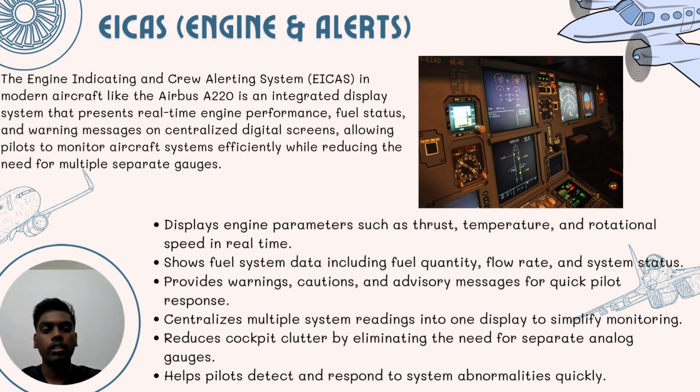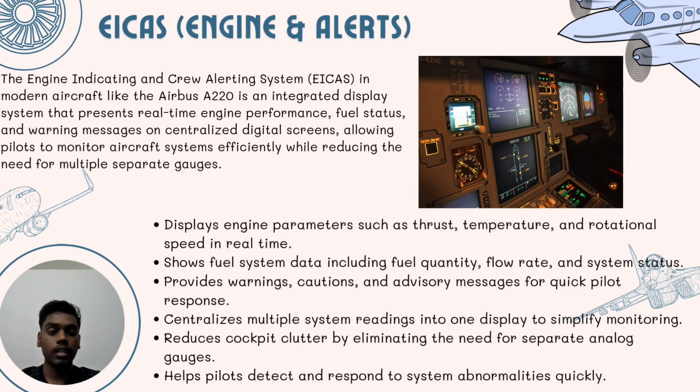Okay, so next I will explain the engine indicating and crew alerting system, also known as ECAS. ECAS is an important system that we use in modern aircraft such as the Airbus A220. It is an integrated digital display that shows real-time information about the aircraft's engines and system status.